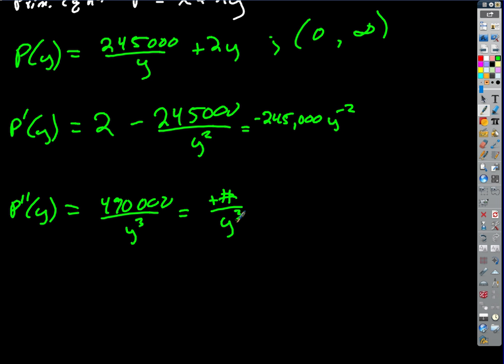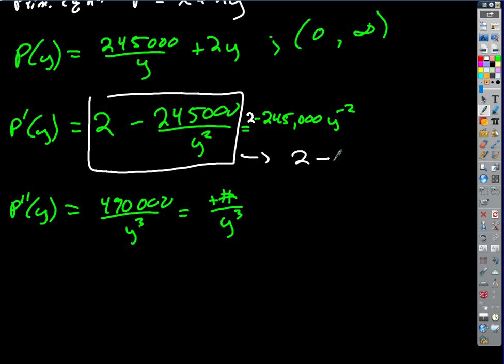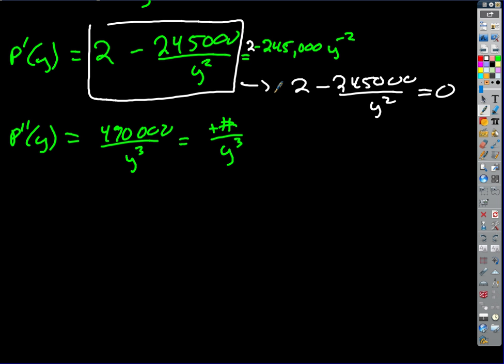Okay, so now here's the 3 derivatives. Now, if we want to do some work with one of these, and this is what I was talking to you about, Gabe, let's take this first derivative here. It's supposed to be a 2 there. Let's take our first derivative, and let's find a critical number. Now we can just set all that equal to 0 and solve, right? So 2 minus 245,000 over y squared equals 0. If I want to solve that, I could just add that to the other side.